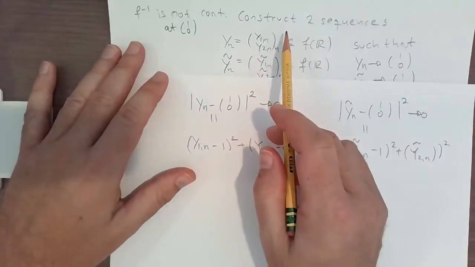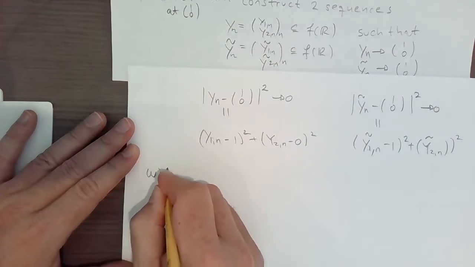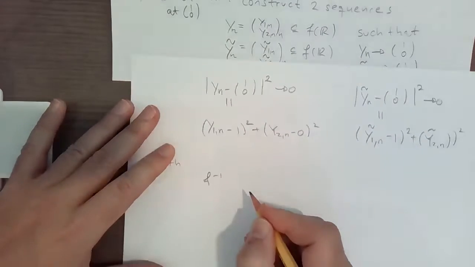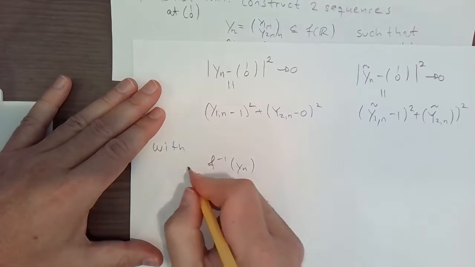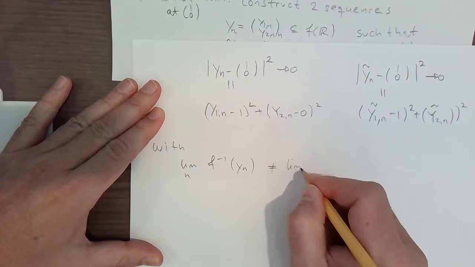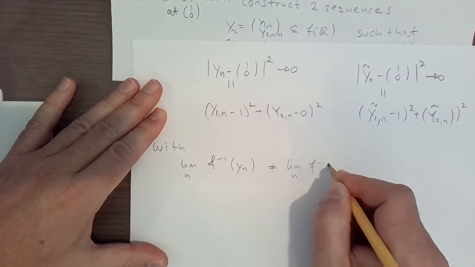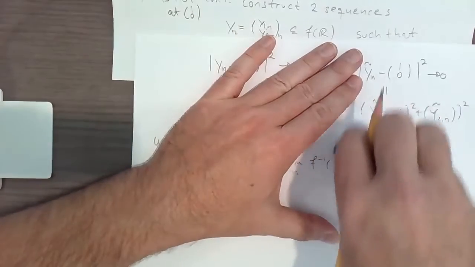So I will construct two sequences such that when I plug them into the inverse function and compute the limit, I'm not going to get the same. And I should call this x tilde.